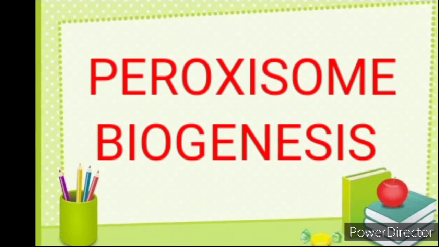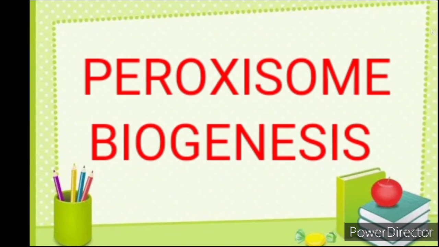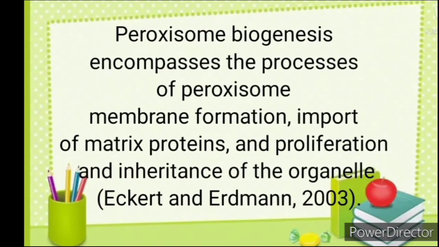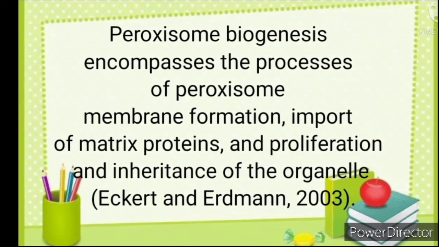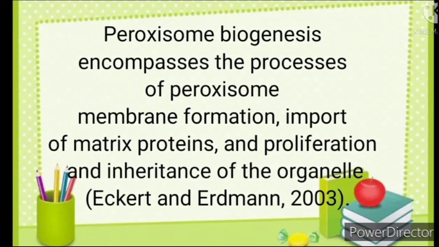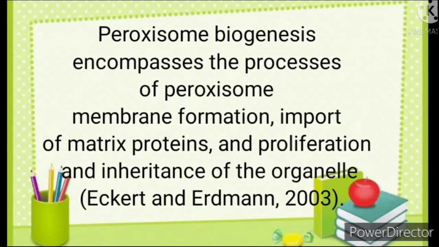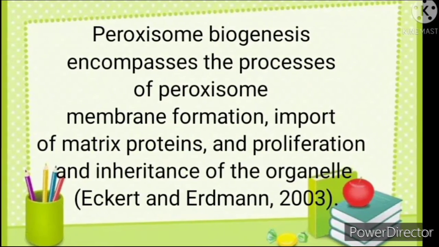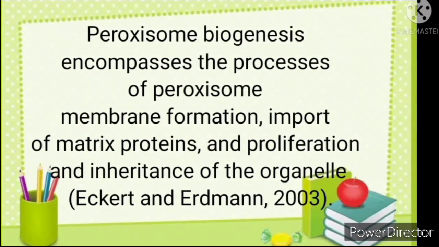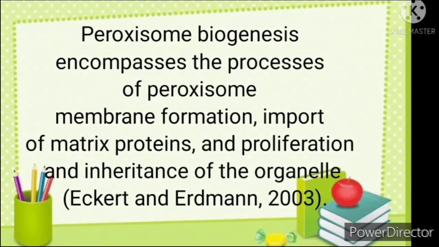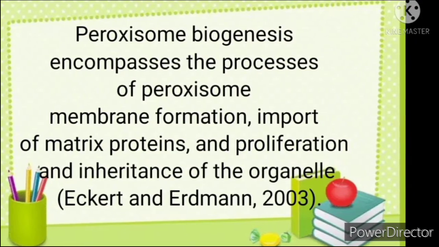Next, let's proceed to peroxisome biogenesis. Peroxisome biogenesis encompasses the process of peroxisome membrane formation, import of matrix proteins, and proliferation and inheritance of the organelle, according to Erdmann, 2003.